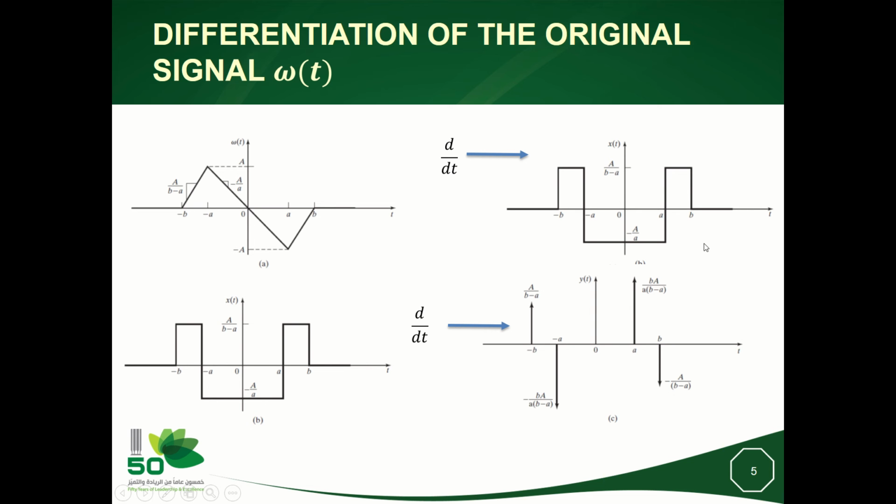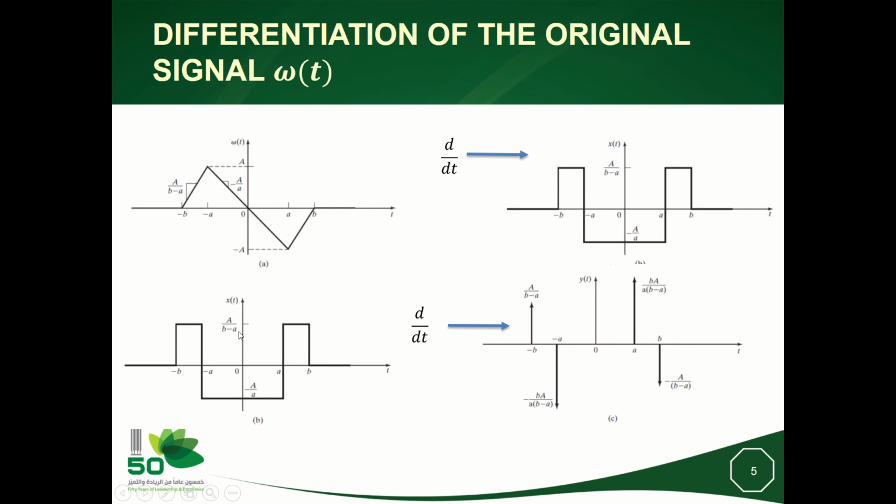So now this signal, which is called xt, will be differentiated one more time. Here we will have a pulse up of amplitude A divided by b minus a at minus b. And here we will jump down. So I will have a Dirac function of a value equal to what? I can calculate the value from here: this plus this.